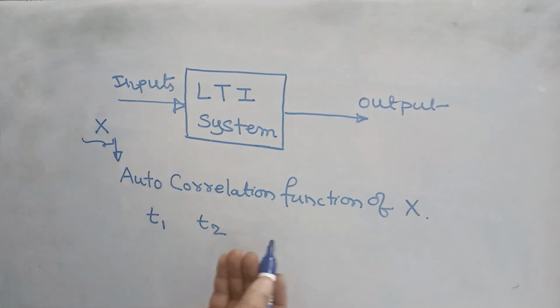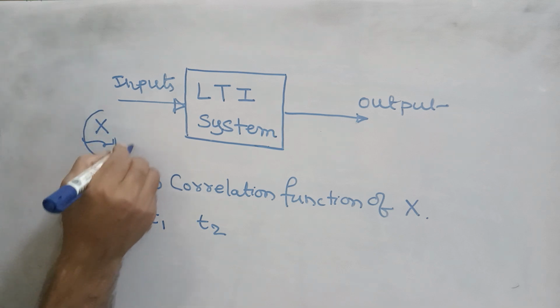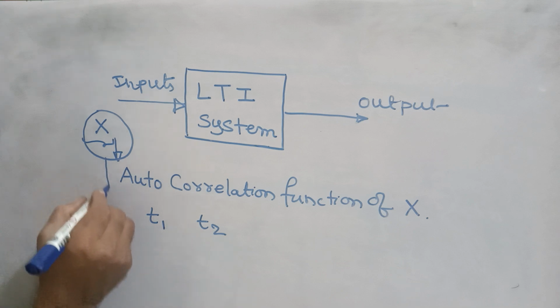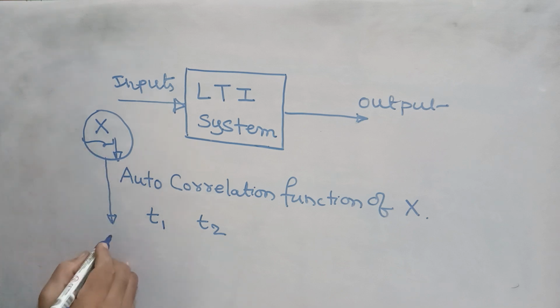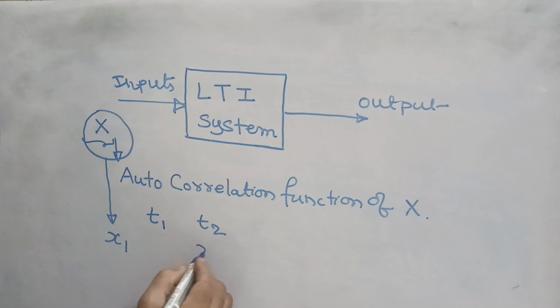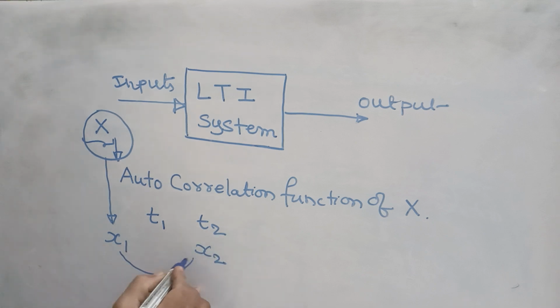What is the possible outcome value of my random variable x? I am taking x as my random variable at time t1, and the possible outcome value of x is x1, and similarly at time t2 the possible outcome value of x is x2. Therefore, what is the similarity between these two?